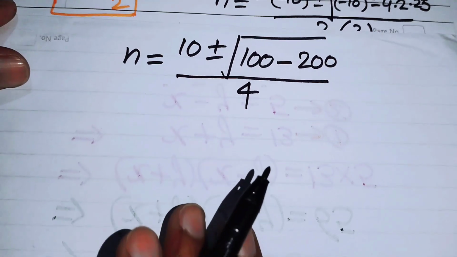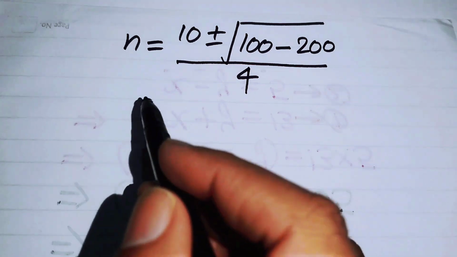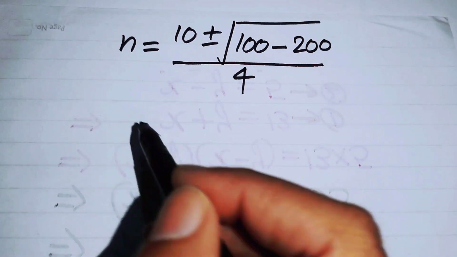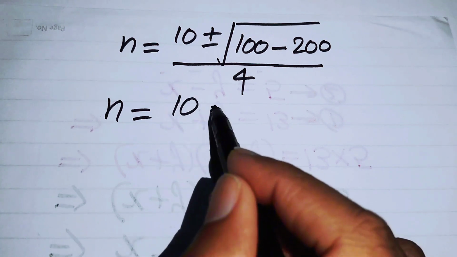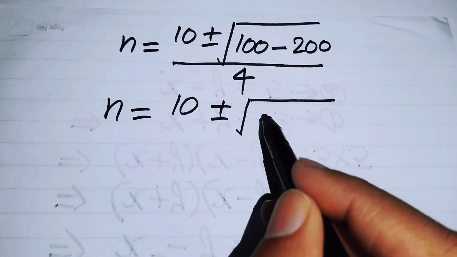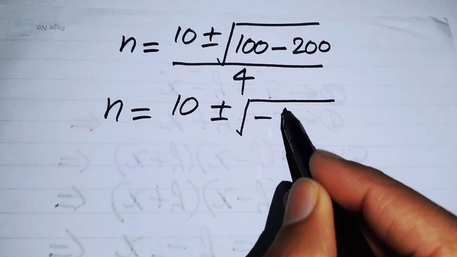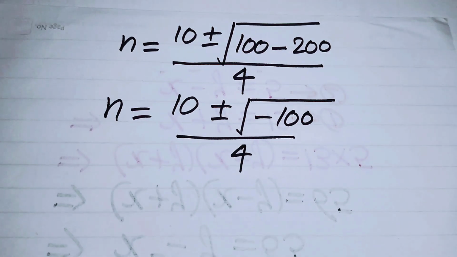So now we again take simplifications here, and we move towards our final answer, and here we have 10 plus minus square root of 100 minus 200, which equals minus 100, and this whole over 4.